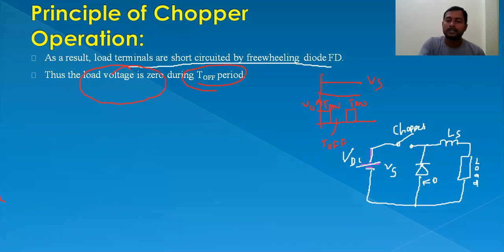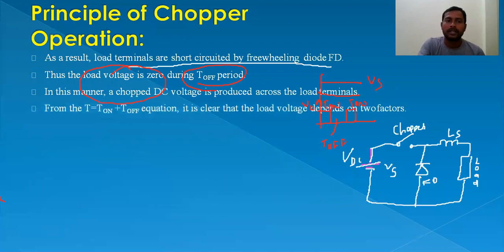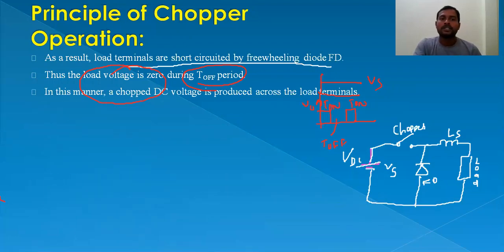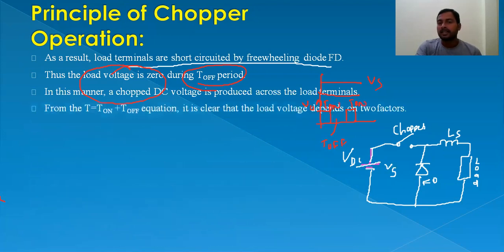Next point: in this way, the DC voltage is produced across the load terminals.